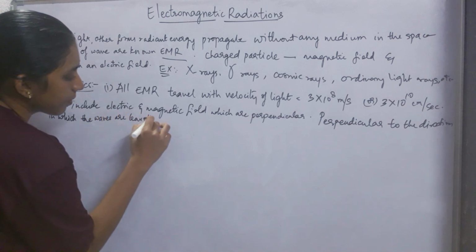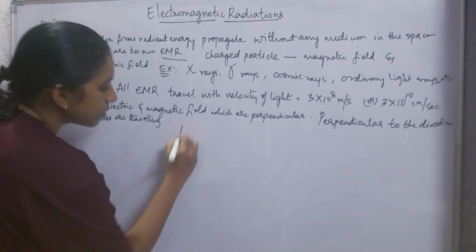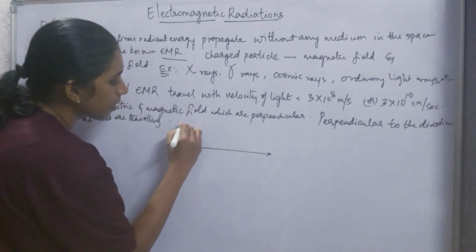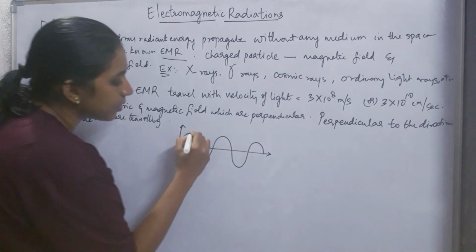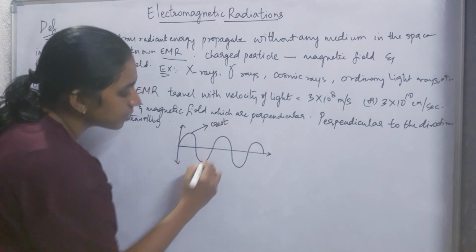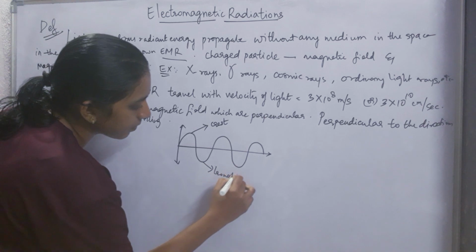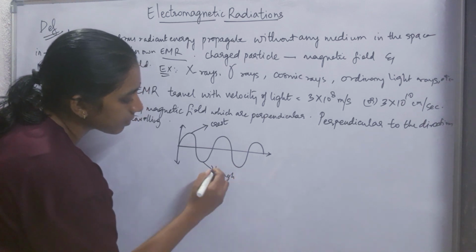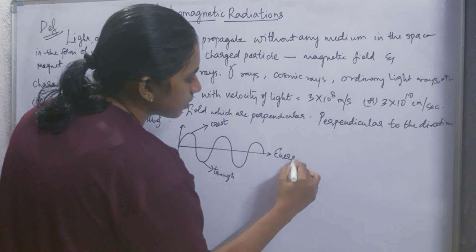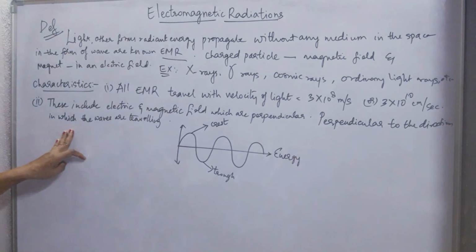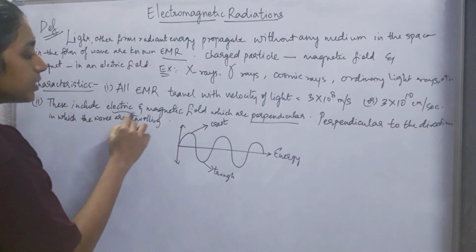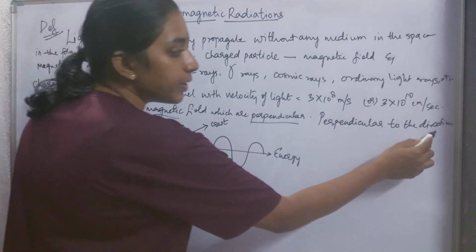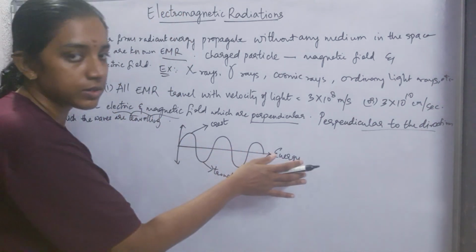So let us show it in this form. These are the waves traveling. This is crest, this is a trough. So this is the second main characteristic of electromagnetic radiation, that the electric field and magnetic field are perpendicular, and both are perpendicular to the direction in which the wave is traveling.